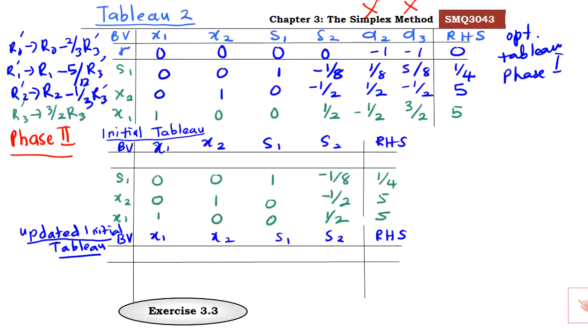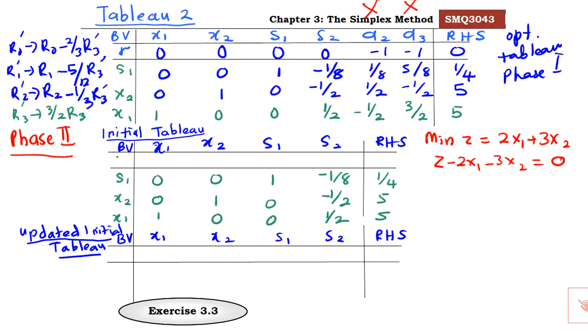problem. Okay, so for the initial Tableau in phase 2, the original objective function is minimize z equals 2x1 plus 3x2. Okay, so z minus 2x1 minus 3x2 equals 0.